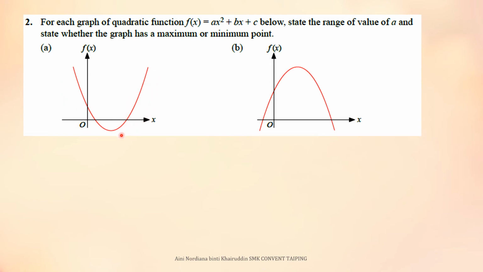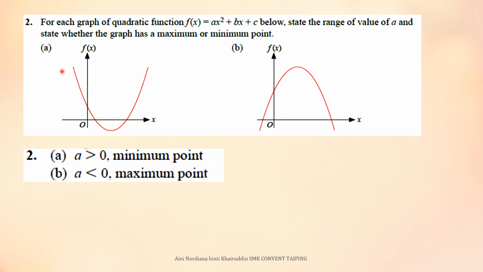If the graph has a smile shape, then the value of a is greater than 0 and it has a minimum point here. For B, this is a sad shape graph. So the value of a is less than 0 and we have a maximum point here.